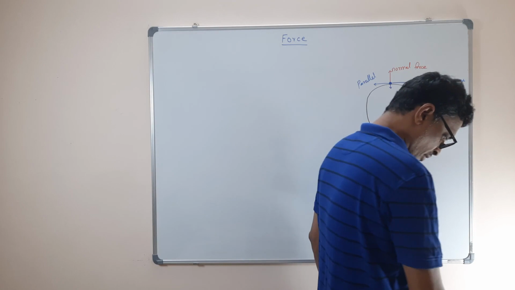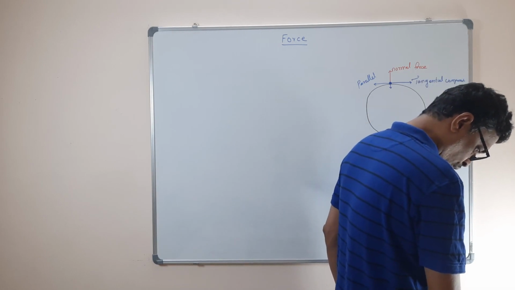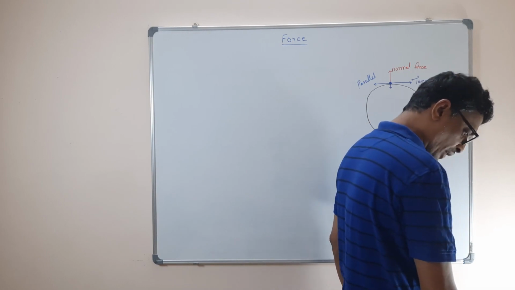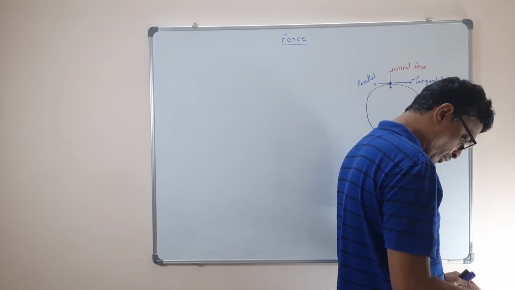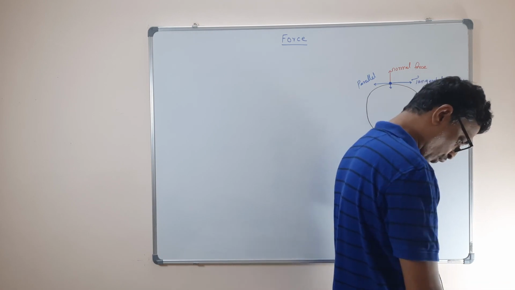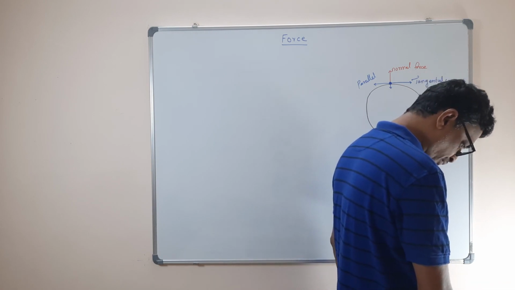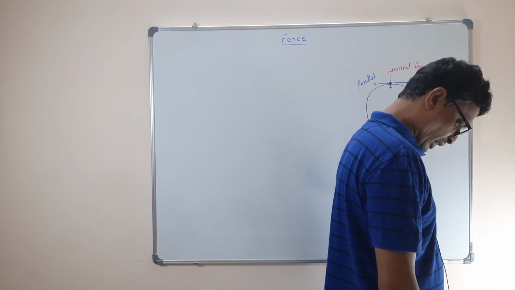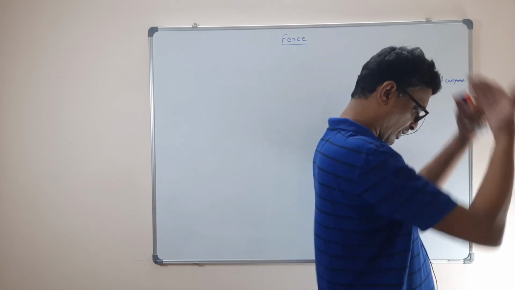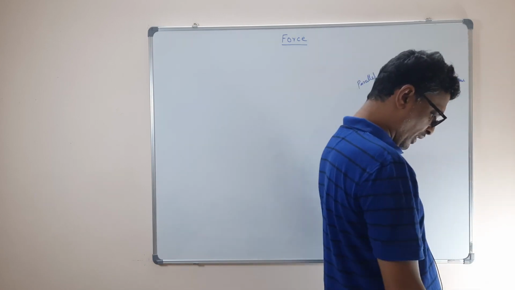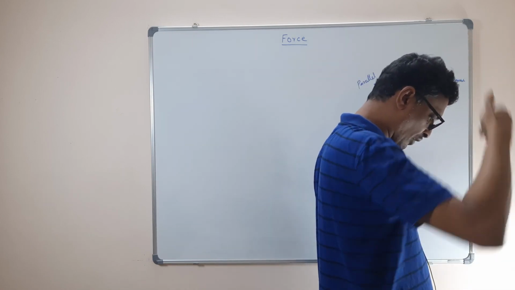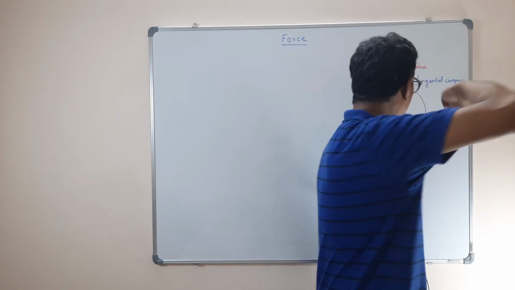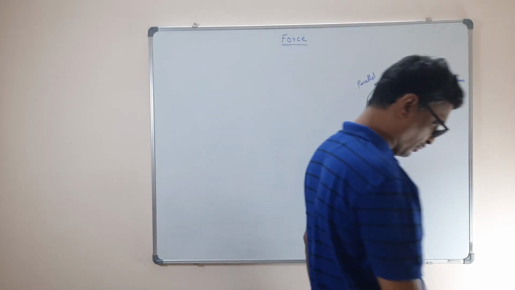Quite often we call it a normal reaction force, or normal force. While standing on a table, we push the table downwards, and the table pushes us upward, both being equal in magnitude and acting along the same normal line. Am I right? So that's a normal force.